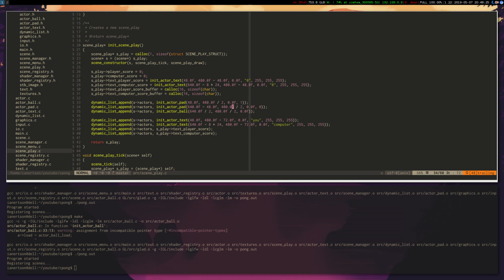When we create the pad, we also need to take into consideration the pad height, which is 64, and 64 divided by 2 is 32. So pad minus 32, minus 32.